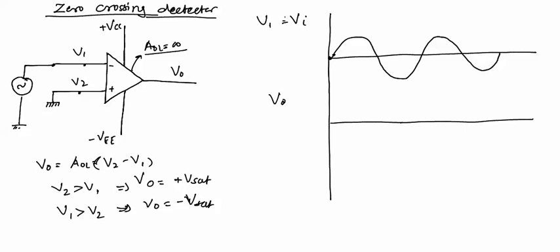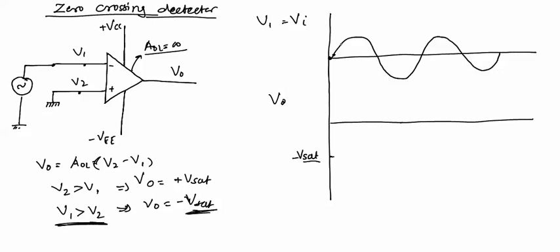If V1 is positive and V2 is 0, then it is clear that V1 is greater than V2, and if V1 is greater than V2, output will always be negative and it will go to negative saturation. So from the starting V1 will be greater than V2 and output will be minus Vsat.